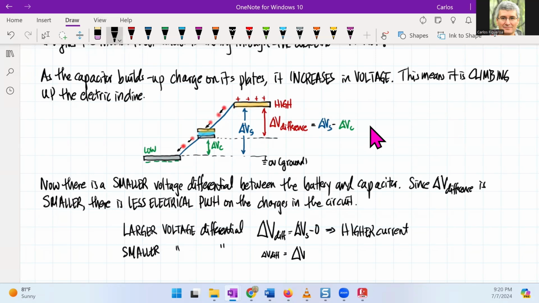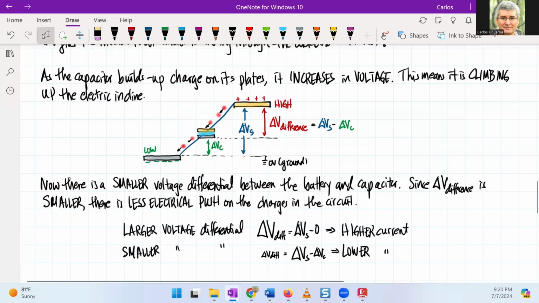And the reason why it's decreasing is because the voltage of the capacitor is increasing. As a consequence, there's a lower push on the charges, and so now the current starts to decrease. We have a lower current.